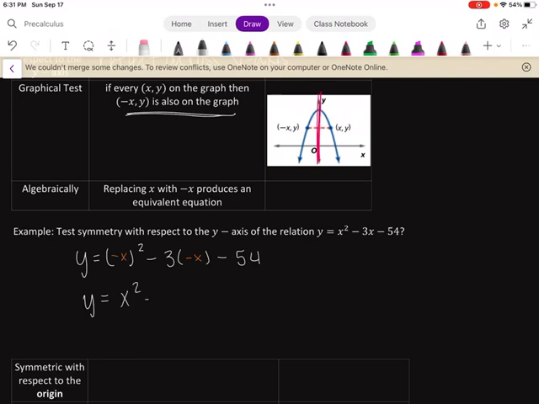Negative 3 times negative x is plus 3x, and then that minus 54 is left unchanged. So is that exact? No, it is not. So it does not match the original one given. So not symmetric to the y-axis.